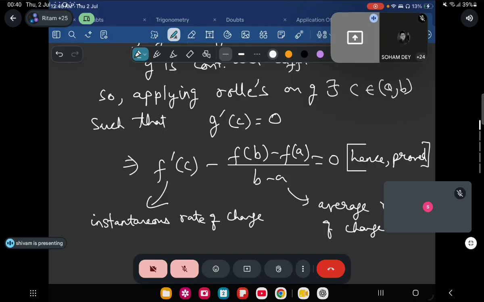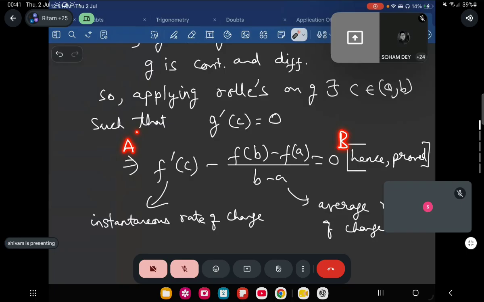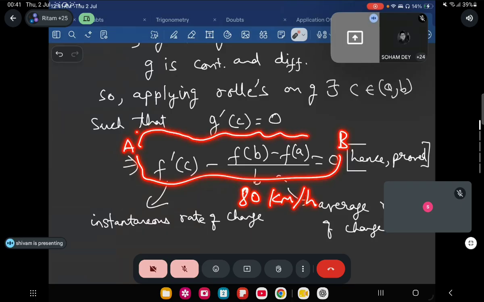What is the real life meaning or physical meaning of this expression? Pay attention. Instantaneous rate of change is equal to average rate of change. Suppose your average speed, or average velocity, from a point A to point B is 80 kilometers per hour. Then at some point between A and B, you must have reached 80 kilometers per hour at least once.